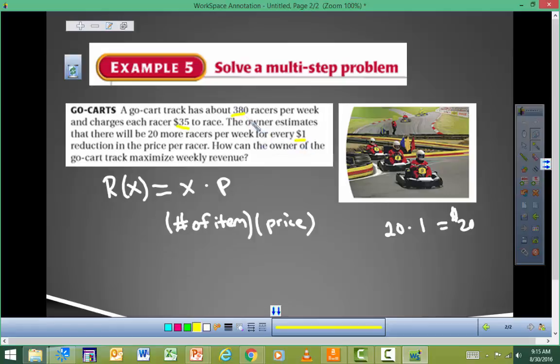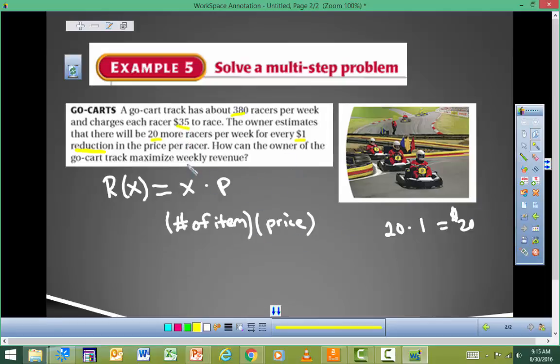Right? So there will be 20 more racers per week for every dollar that he reduces the price. So, in other words, if I reduce that price to $34, I gain 20 customers. That sounds good. I get more customers and make more money, right?